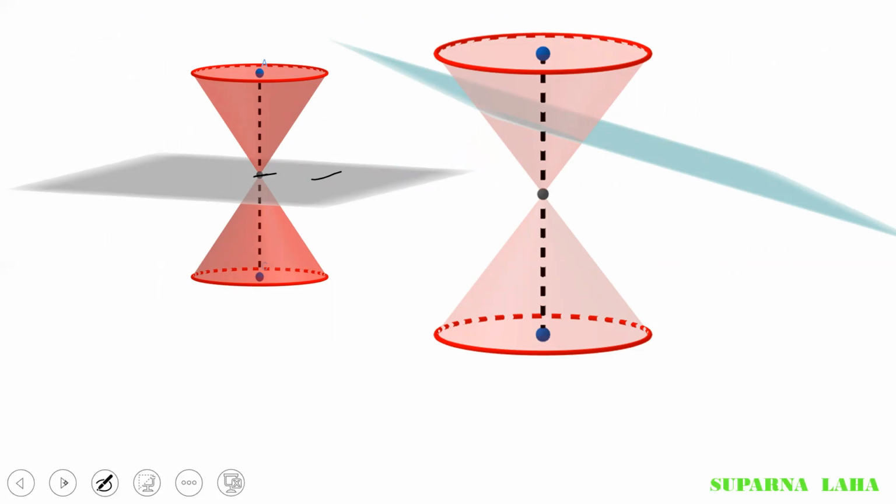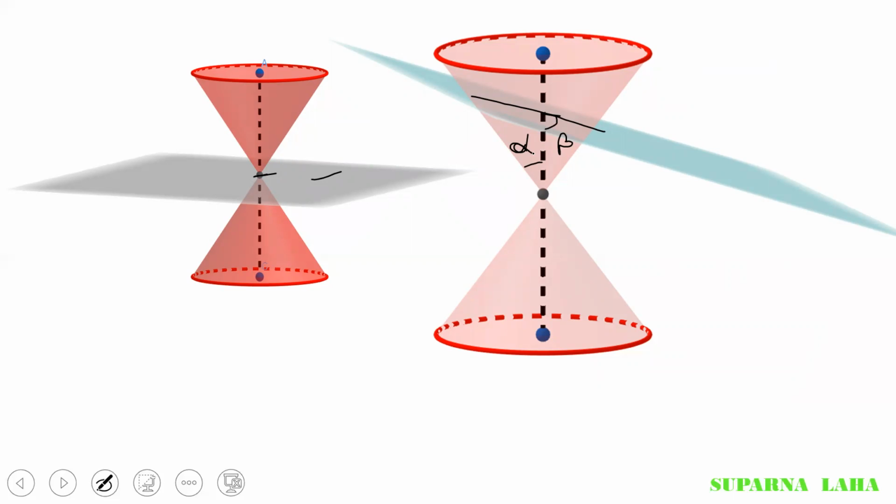If we take this line, this plane will make an angle with the axis, which is beta. This angle is alpha, the angle between the axis and the generator, and the angle between the axis and the plane is beta.